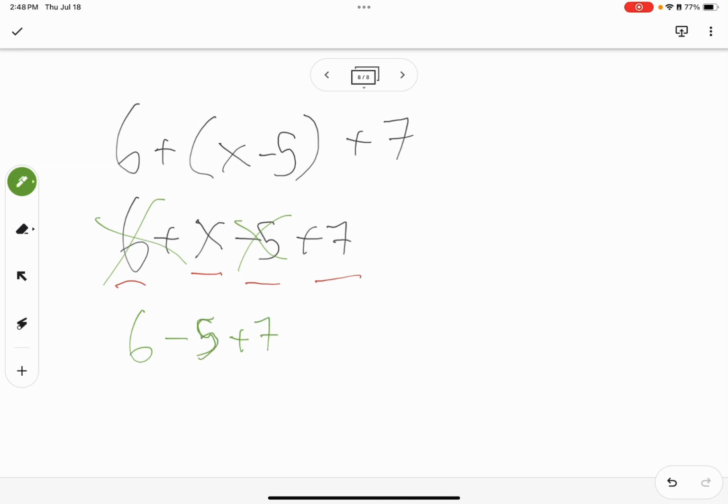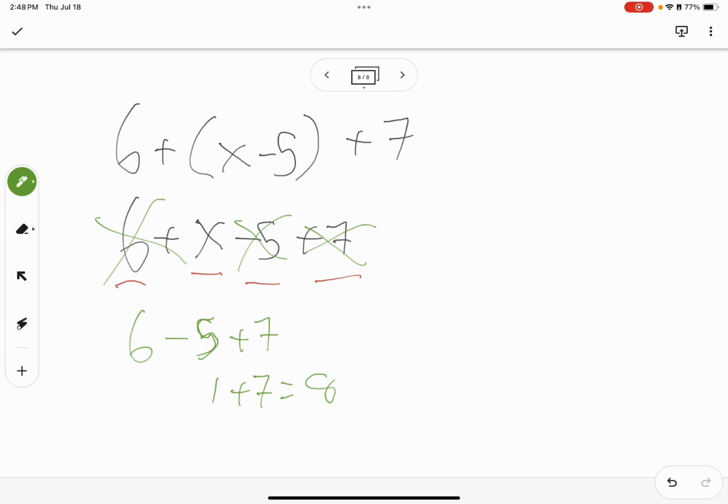Okay? So we have positive 6 minus 5 plus 7. And now that we've gotten rid of all that, we can combine these like terms. Remember, we still have the x here. So 6 minus 5 is 1 plus 7 equals 8.